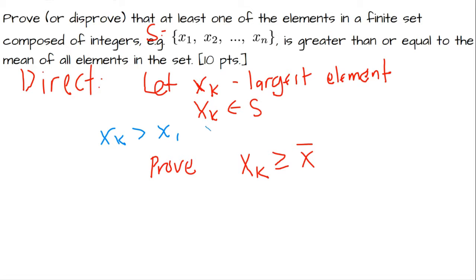So it is also larger than, or larger or equal to, your x sub 2, because all elements could be equal, and so on until the last element, say x sub n, when there are n elements.